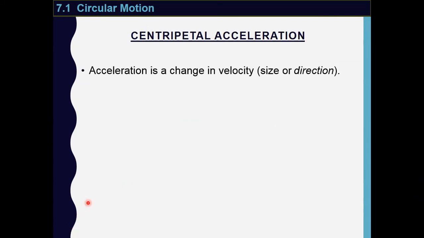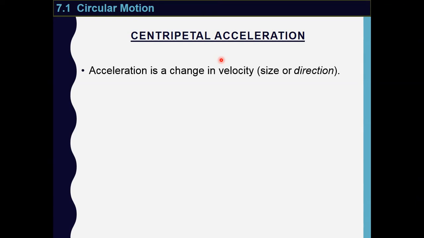Centripetal acceleration. So we talked, girls, about a first keyword in this lesson, which was tangential speed. Now we will talk about a second important thing, which is centripetal acceleration. Let's revise together the meaning of acceleration. We know that acceleration is the change in velocity in a period of time.